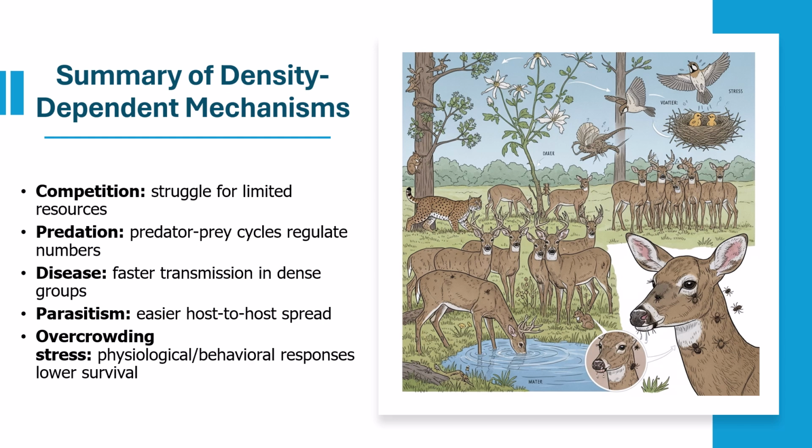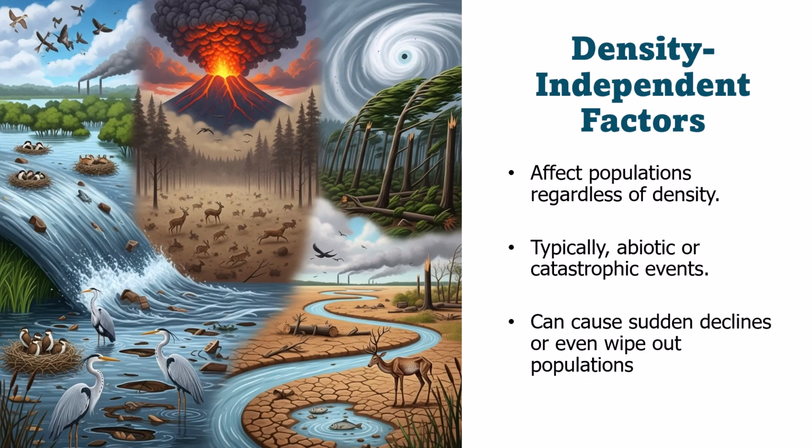For instance, overcrowding stress can make animals more susceptible to disease, while food competition may leave weaker individuals vulnerable to predation. In contrast to density-dependent mechanisms, density-independent factors impact a population regardless of how small or large it is.